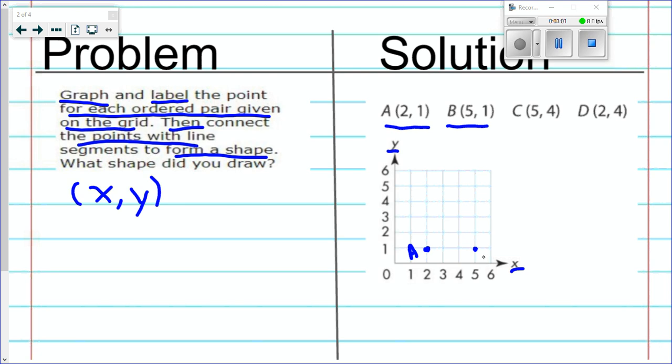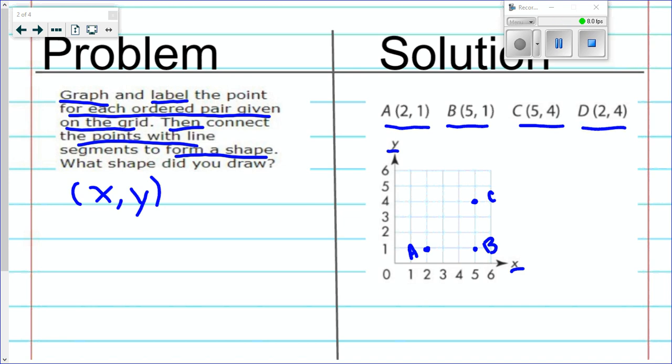And again, I'm going to put that point right where the 2 lines intersect, and I'm going to label that point B. Now as I move on to point C, again, I'm going to start at the origin spot of 0, and I'm going to go over 5 and then up the y-axis to 4. And I'm going to put my point there and label it point C.